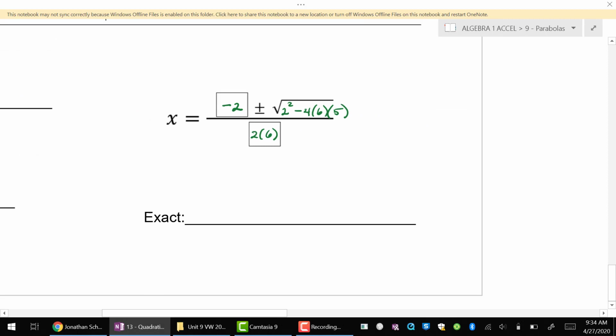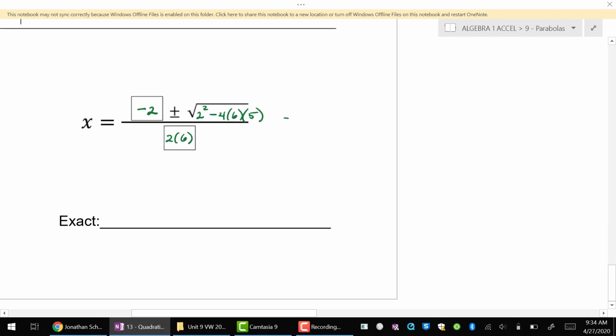Now, if I look at this carefully, and try to break it down, I'll have negative 2 plus or minus the square root. We can check this on the calculator. 4 minus 4 times 30 would be negative 116, and all that's divided by 12. I'm going to stop right here.